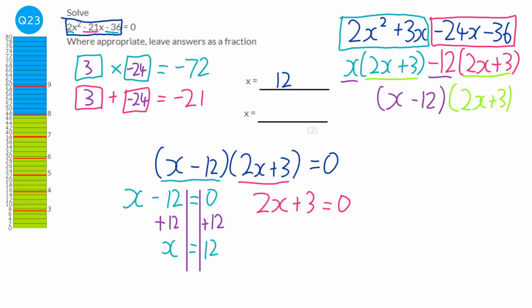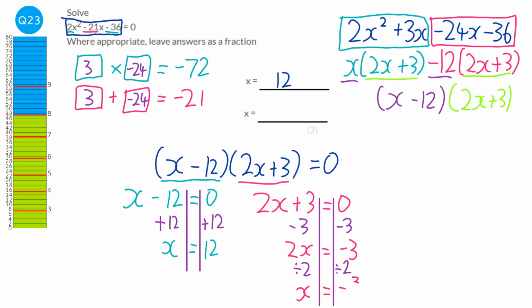Get it equal to 0 and solve it. And so we're going to take away the 3 both sides first of all. So we've got 2x equals minus 3. And then we're going to divide by the 2 both sides. So we've got x equals, and we can write it as a fraction, minus 3 over 2, or 1.5.